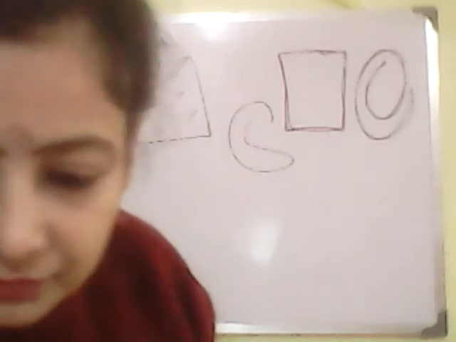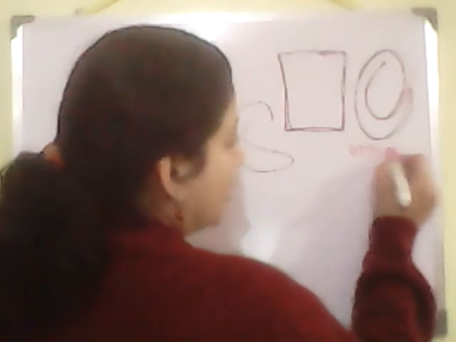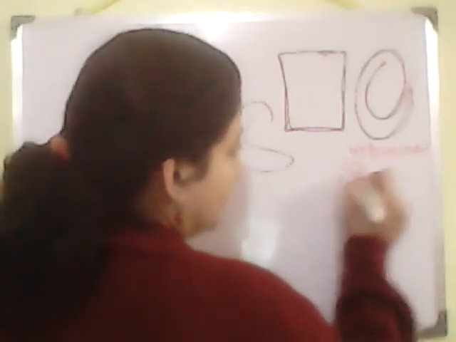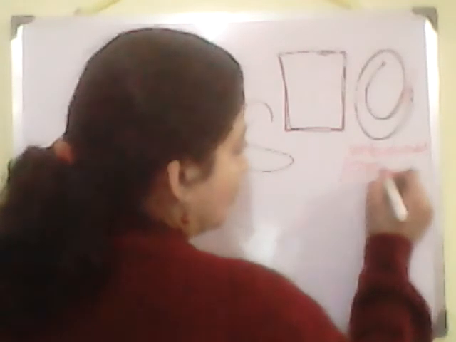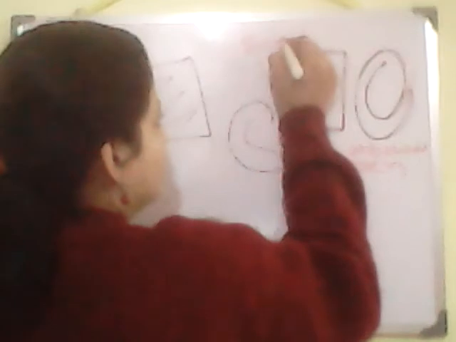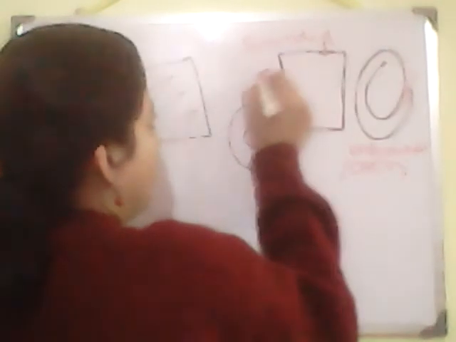So these areas are open. That's why it is unbounded, or open. And these are bounded figures, or closed figures.